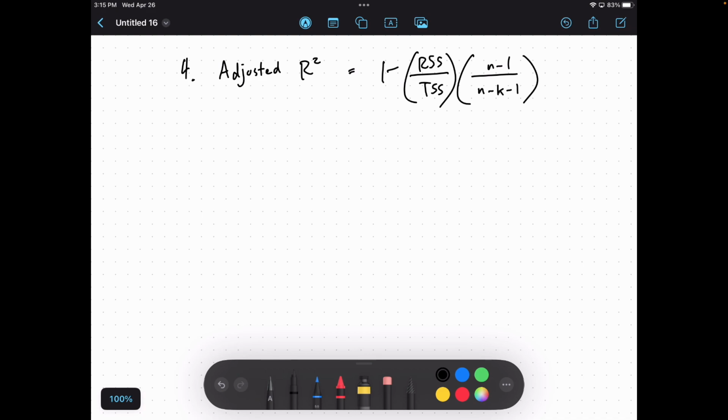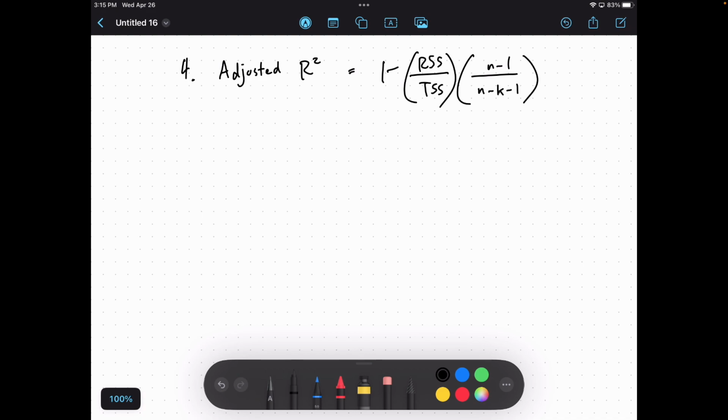Is that the penalty for including? Yeah, so let's think about it. n is our sample size, and k are the number of parameters. So when k is getting bigger, you are increasing your model complexity. Help me walk through this. As k gets bigger, how does that affect our adjusted R squared?